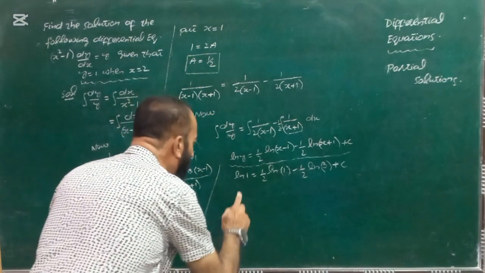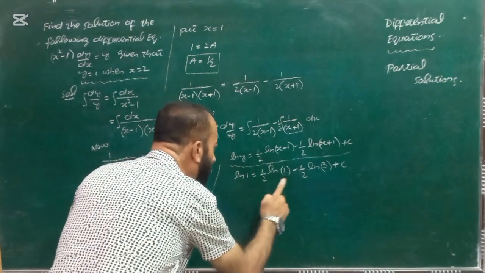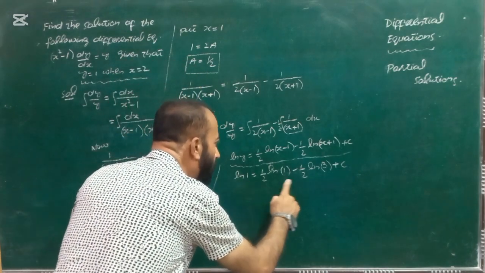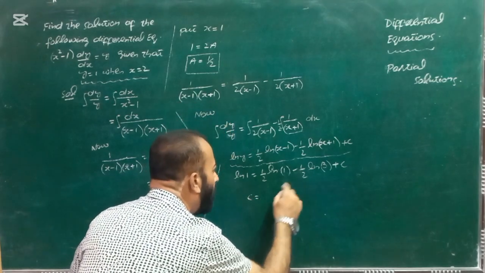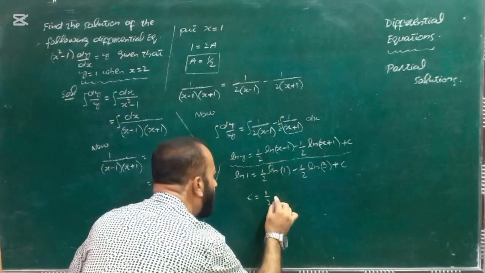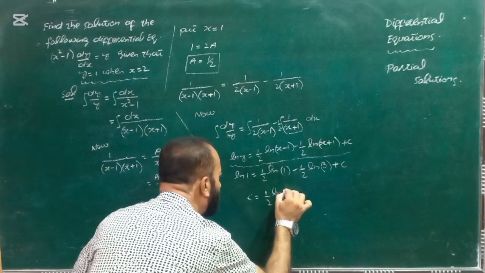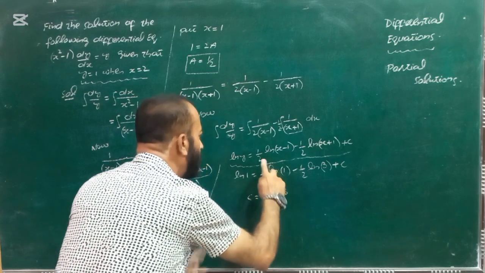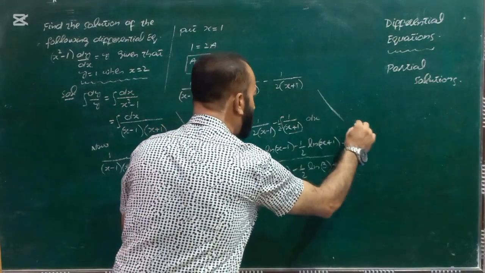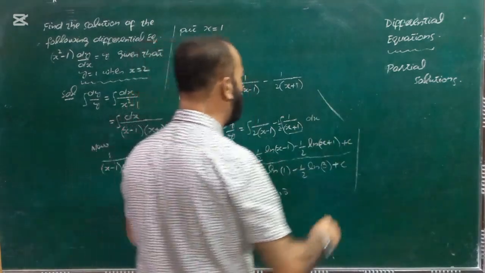So natural log of 1 is 0, this natural log of 1 is 0, so c will be equal to 1 by 2 natural log of 3.